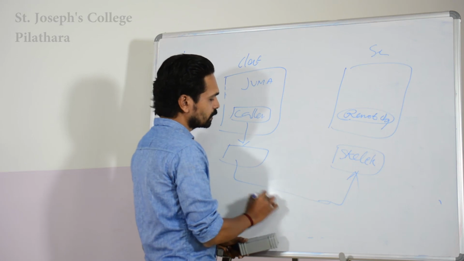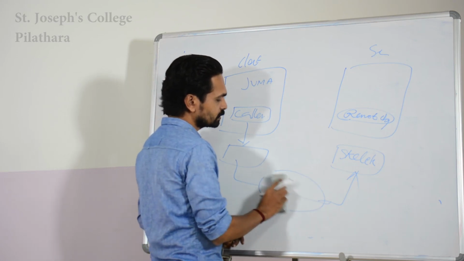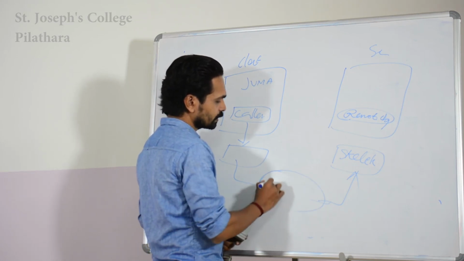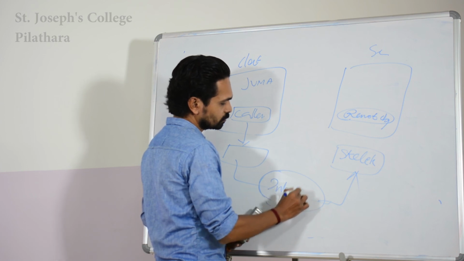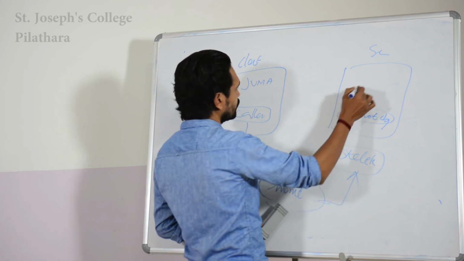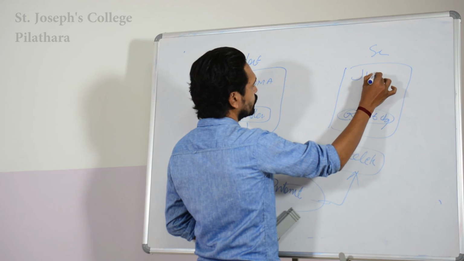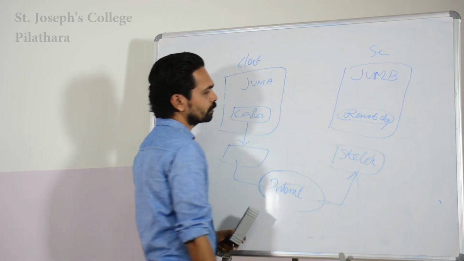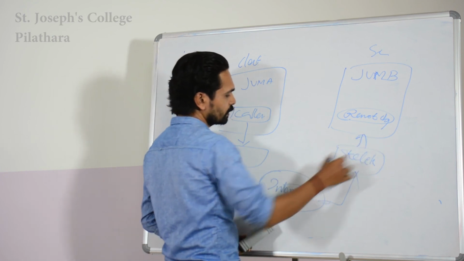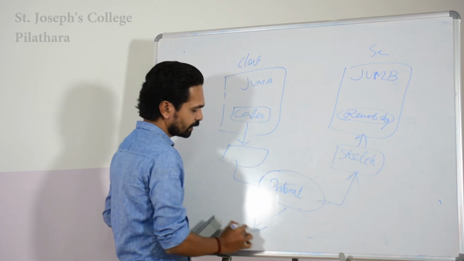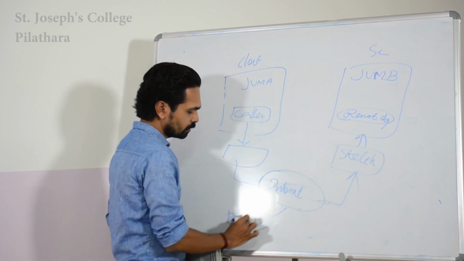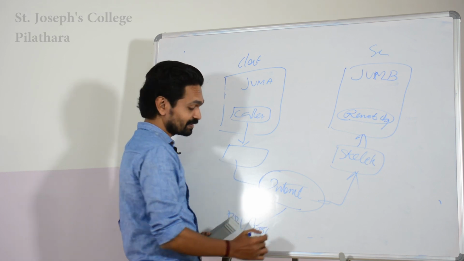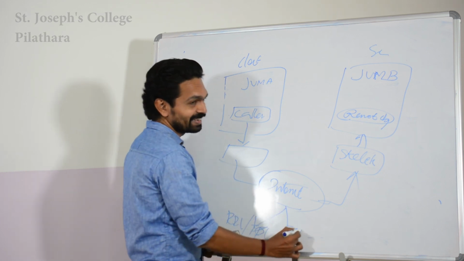Here it is the internet, and that internet contains JVM B, Java Virtual Machine. Okay, this internet contains the RRL, TCP layer, transport layer, this TCP.